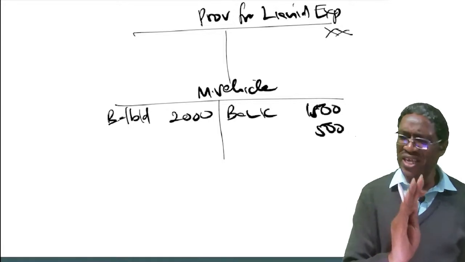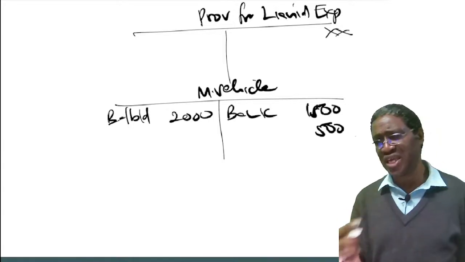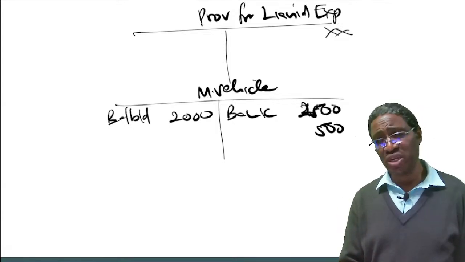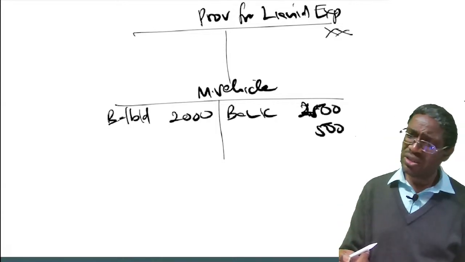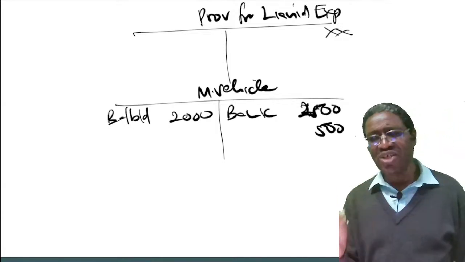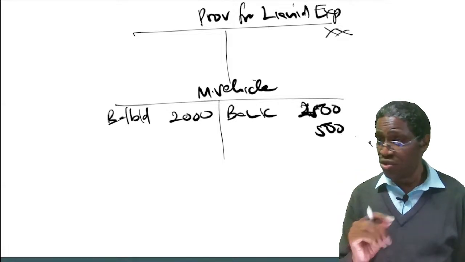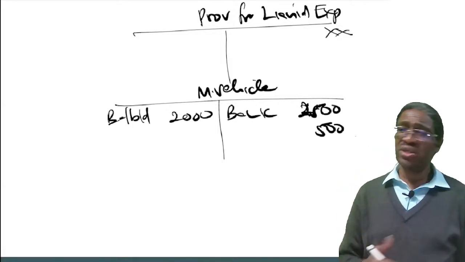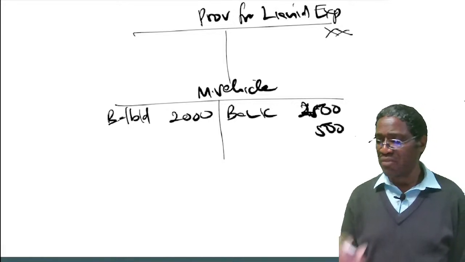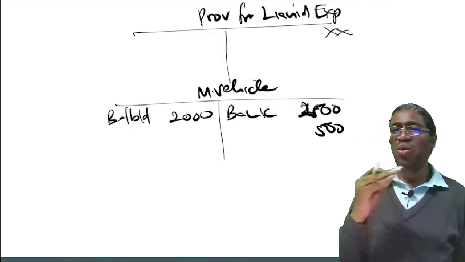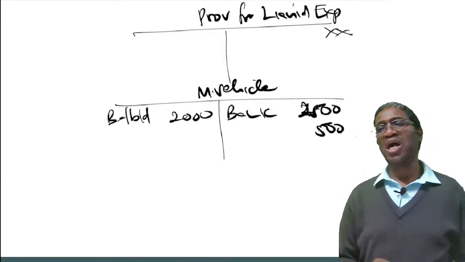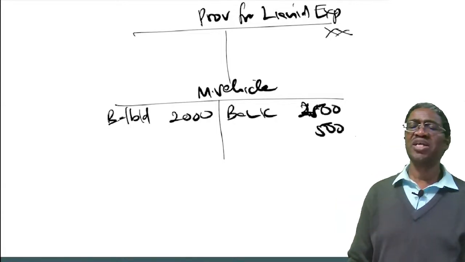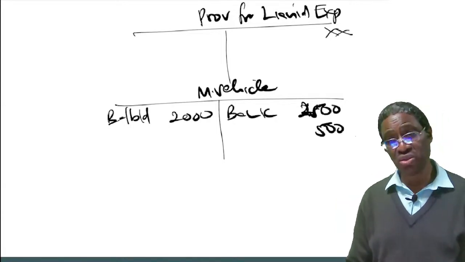Whatever is the gain or loss on disposal, it could be a gain if you sold it for 2.5 when it had a book value of 2 million, but that gain should not go to the P&L. We are reconstructing the company, and of course, our operating account is the realization account.